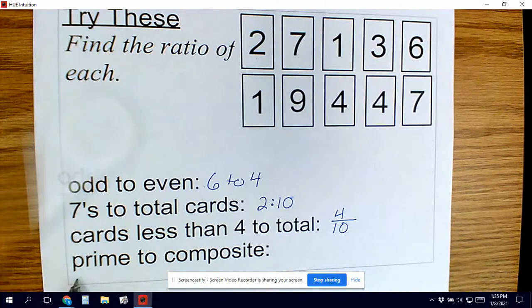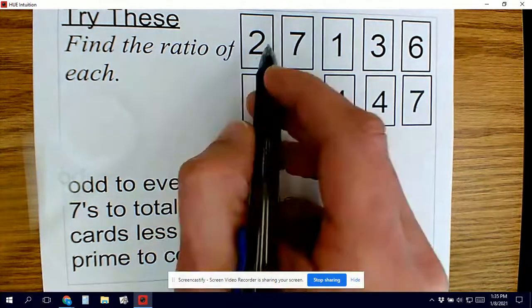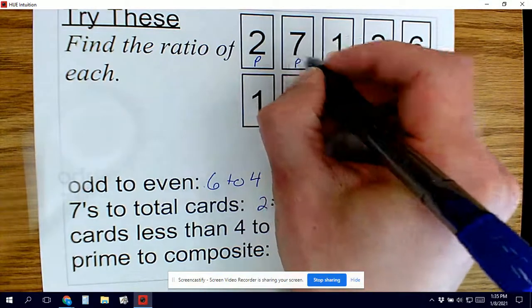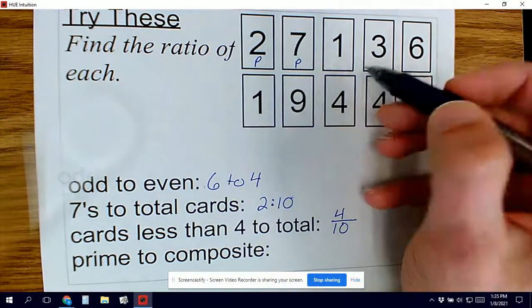Finally, prime and composite. 2 is a prime number. I'll put P for prime. 7 is also prime. 1, that's a tricky one.